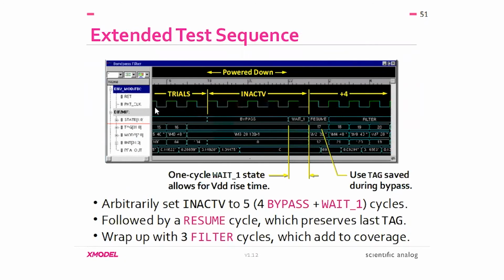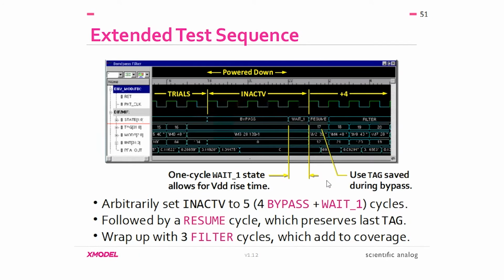Here's a simulation run showing the last few trials. On this clock edge, we enter bypass for 4 cycles, followed by a single cycle wait state, and then we resume normal operation. Notice we're numbering the tags from 17 since the last normal transaction was 16, instead of returning to 1.